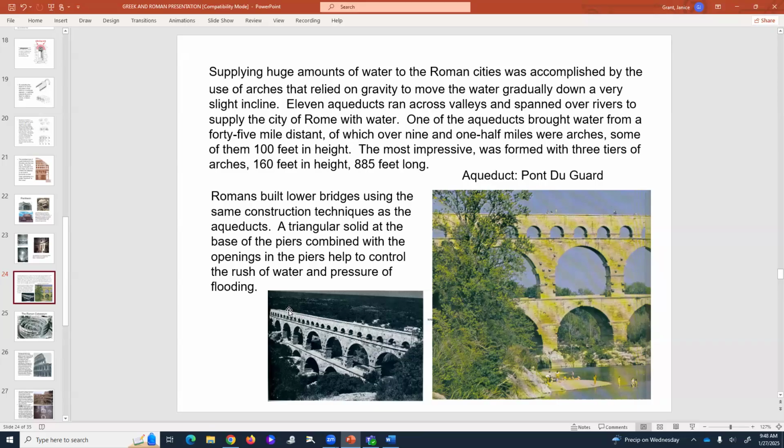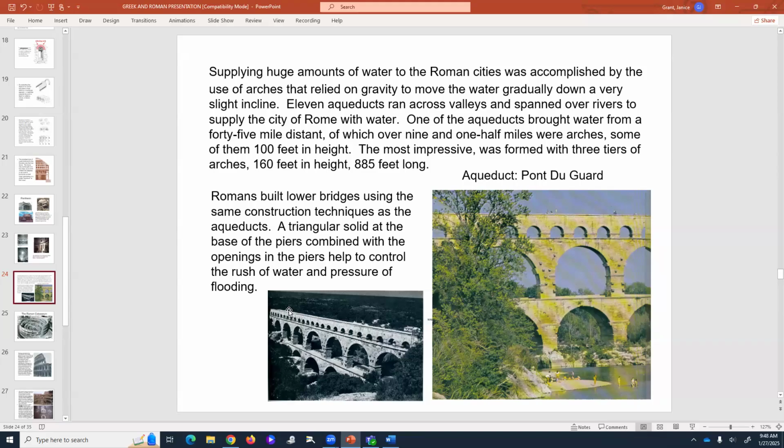You can imagine that is a huge engineering accomplishment, and that's why you'll see a lot of events based on water, like the big city baths that we'll talk about, and bringing water underground to the Colosseum.